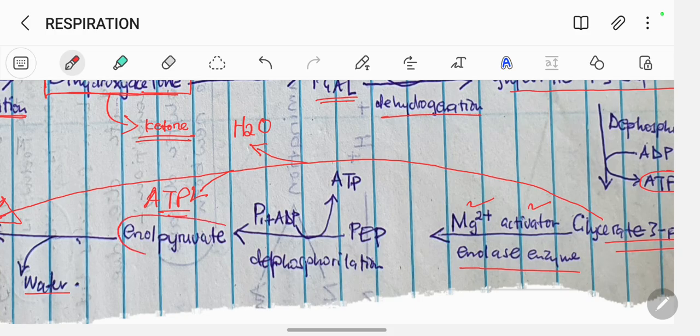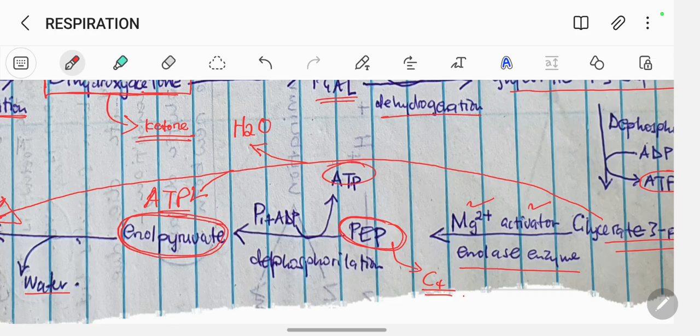enol-pyruvate. As you convert it, you convert it to PEP. We find this PEP in photosynthesis for C4 plants. So this PEP is going to be converted into enol-pyruvate. How?